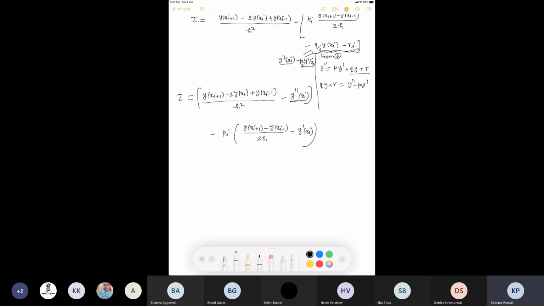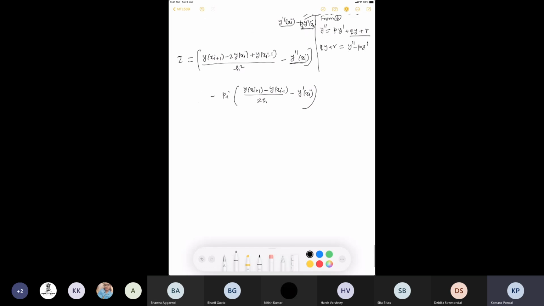We did not write explicitly the remainder term, but you can write it down explicitly, and upon simplifying, you will get h squared by 12 times the fourth derivative of y at x_i plus 2p_i times the third derivative of y at x_i, plus order h raised to power 4.